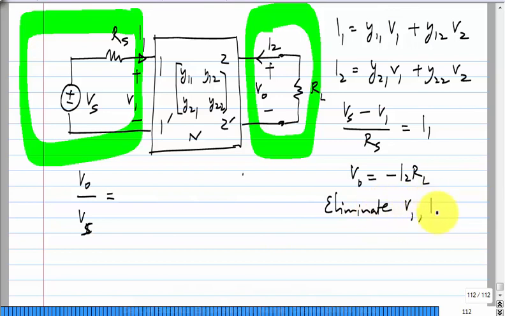And you have to eliminate V1, I1 and I2 from this whole thing. And you will be left with basically Vs and V2. V0 is the same as V2. So, that's what you want. Okay. What is the answer you get?